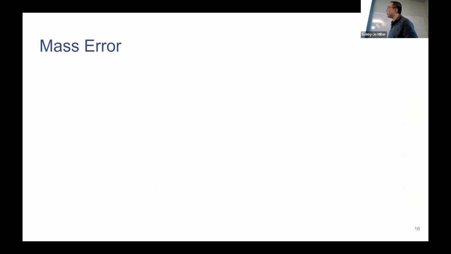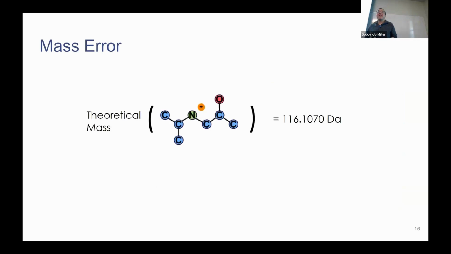Now let's talk about all the bad stuff which makes those things very hard. Mass errors. In your high school chemistry class, your teacher might tell you, hey, every single element has a particular mass, every single formula has a particular mass. But when you calculate the theoretical mass of our friend passing through the mass spec, you will realize his actual mass is 116.107.